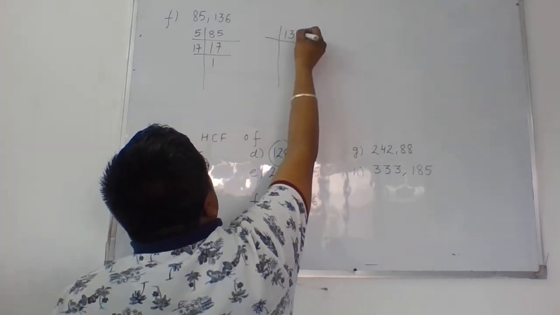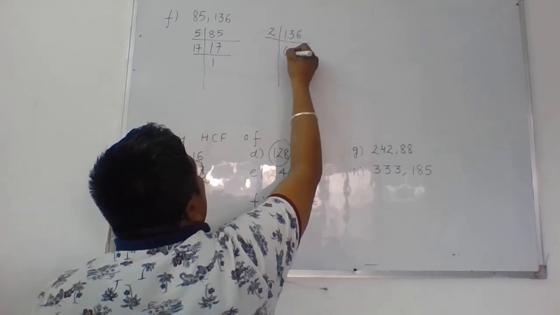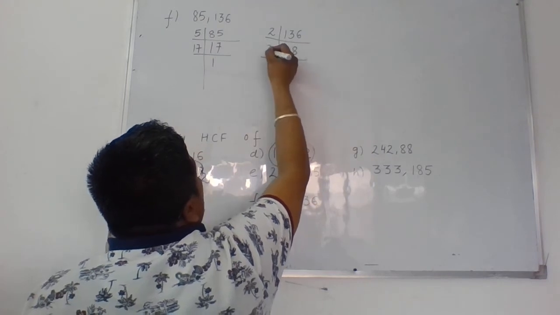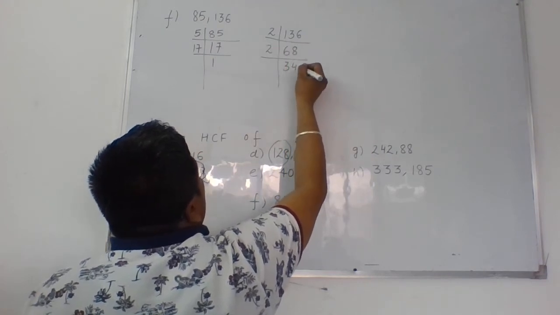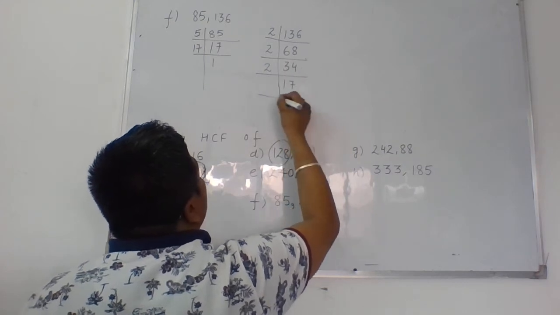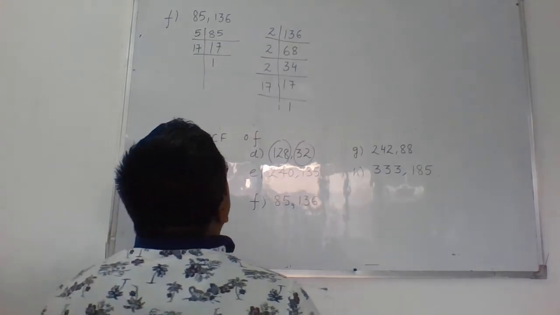Doing the prime factorization of 136, we divide it by 2, so we obtain 68. Then we again divide by 2, we get 34. Again by 2, we get 17. Now 17 is a prime number, so 17 is divisible by 17.